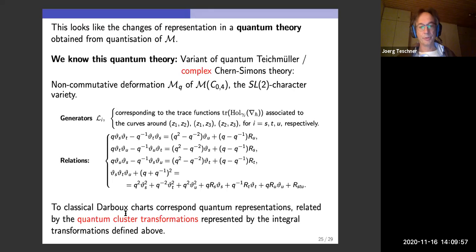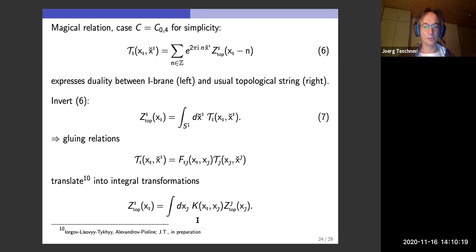And yeah, so then you can play here the game with Fock-Goncharov coordinates, quantize them, or Fenchel-Nielsen, quantize them. These give different charts with Darboux coordinates, which have quantizations, and all these are related by quantum cluster transformations. And these quantum cluster transformations would simply be the integral transformations that we have found.